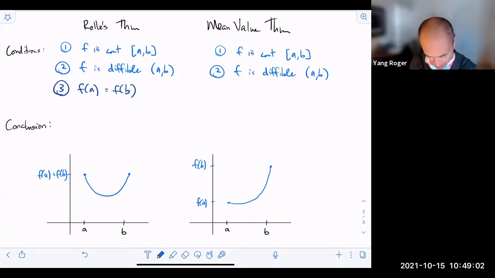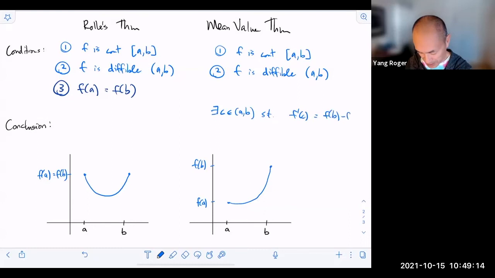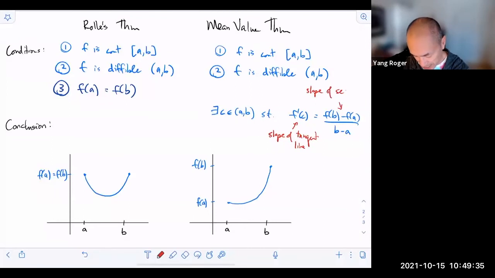Now, let's talk about the conclusion of each of the theorems. The conclusion for the mean value theorem is that there exists a c in your interval (a, b) such that f prime of c is equal to f of b minus f of a over b minus a. The thing on the left is the slope of the tangent line, and the thing on the right is the slope of the secant line.